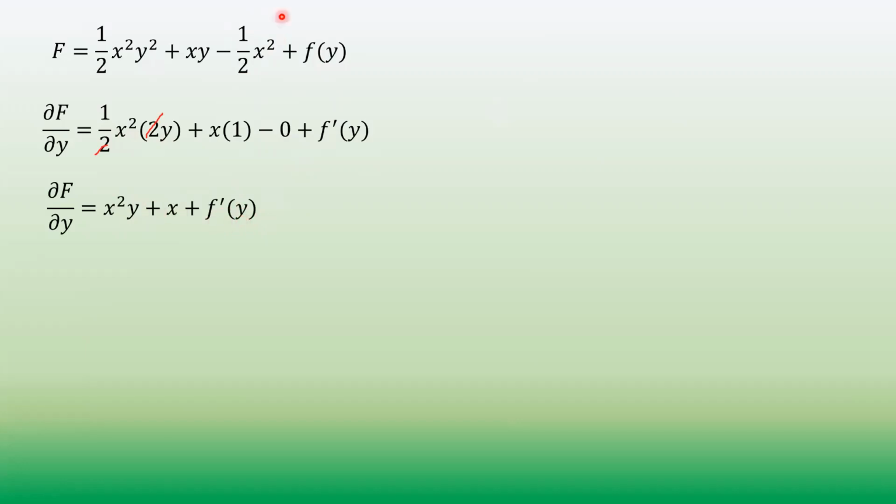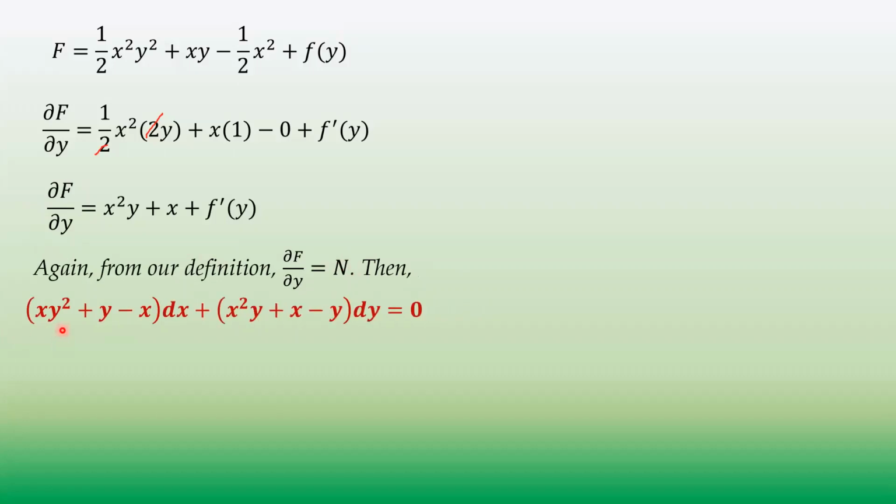Again, going back to our definition, the partial derivative of f with respect to y is equal to n. Then our given is the quantity xy squared plus y minus x, dx, plus the quantity x squared y plus x minus y, dy equals 0. Ito yung m, ito yung ating n.